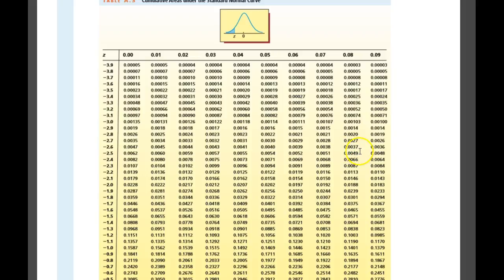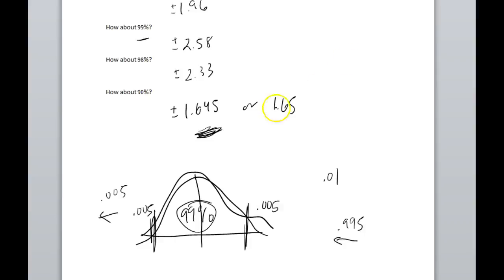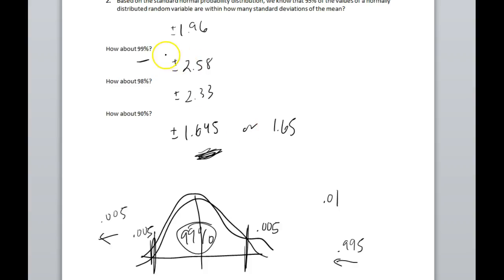I like this one better because this is leaving a smaller amount of area to the left of the curve. So this is a negative 2.58. Negative 2.58. Boom, right there. That's where we get that 99% confidence interval.